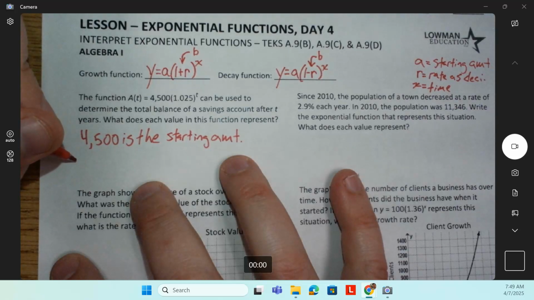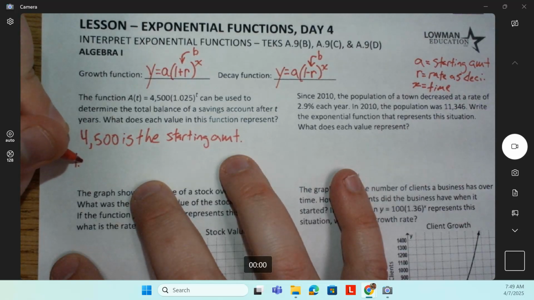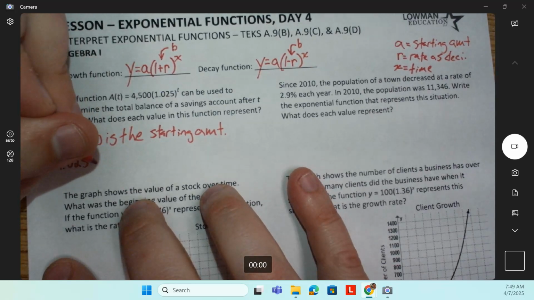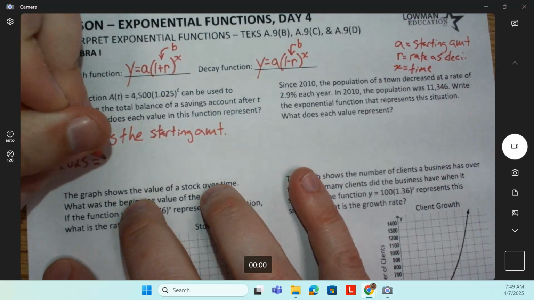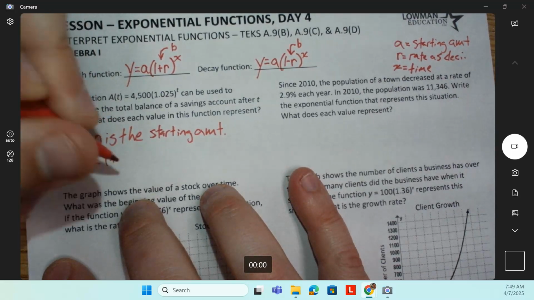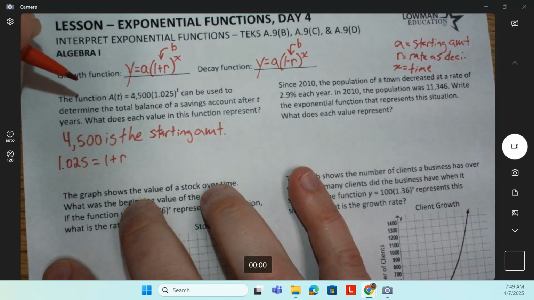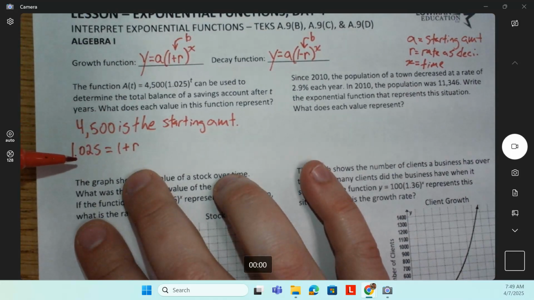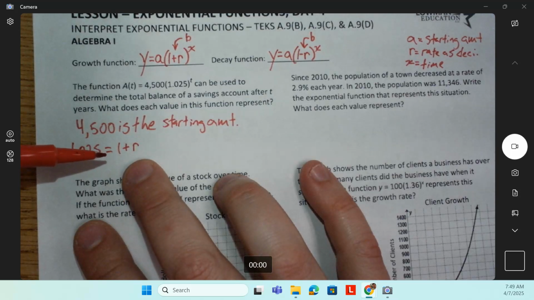So you have 1.025 equals 1 plus the rate. And so to figure that out, I need my rate. So this 1.025 is a growth factor.